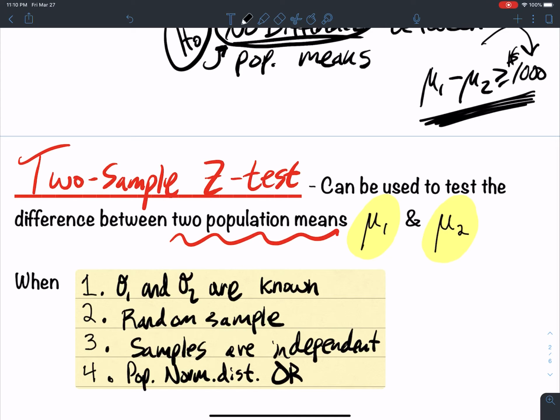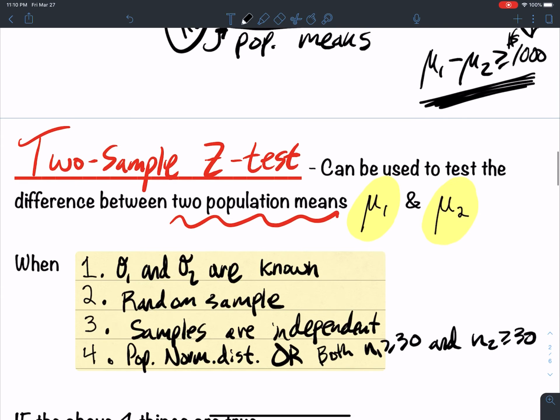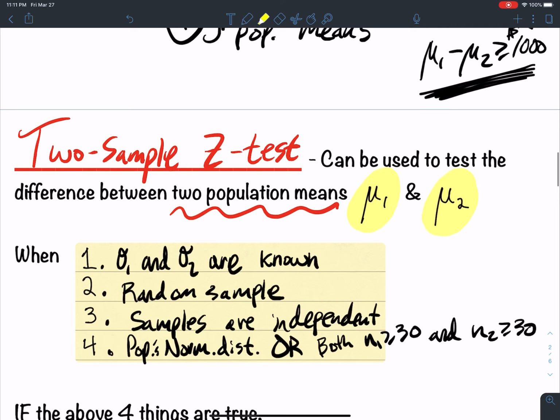or both n1 greater than or equal to 30 and n2 greater than or equal to 30. So the populations either need to both be normally distributed, or we need to both know that they both exceed the 30 limit, or you could have some combination, like one could be normally distributed and the other one be greater than or equal to 30.